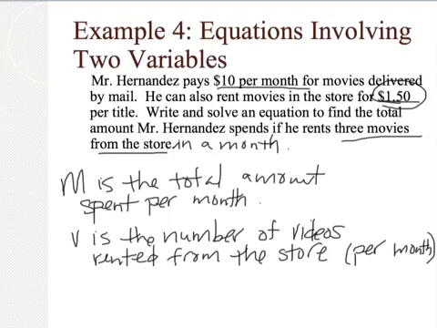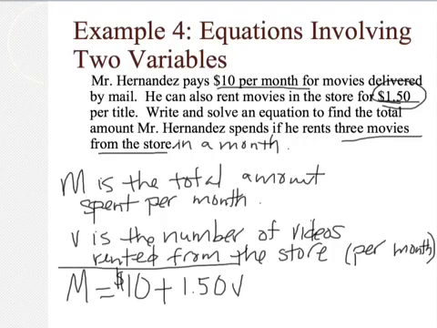The total cost, M, here's one variable, is dependent on how many videos he rents from the store. We know that we have that $10 fee all the time, but to add to that, we're going to add $1.50 times the number of videos that he rents. So this is the equation that we've created.